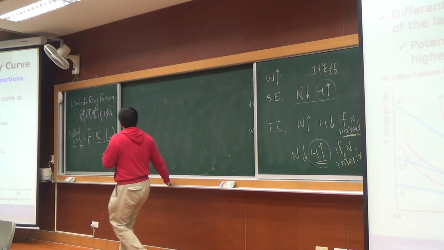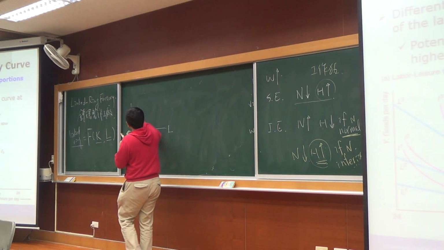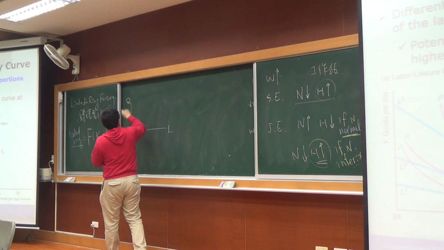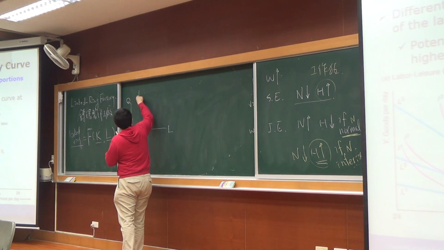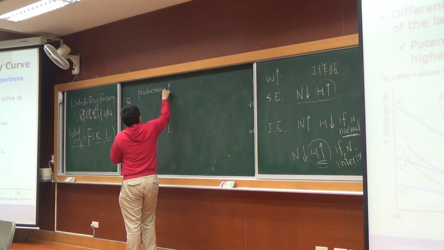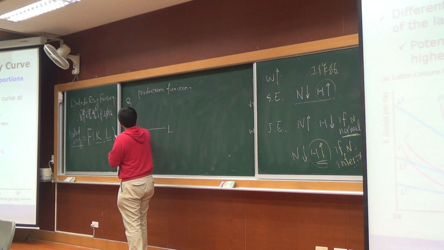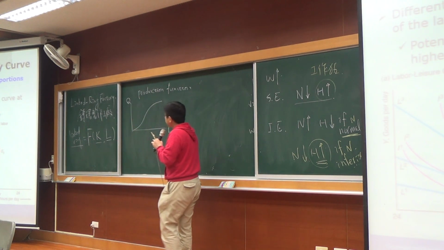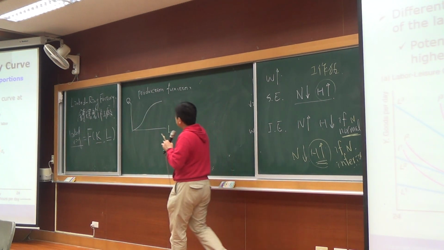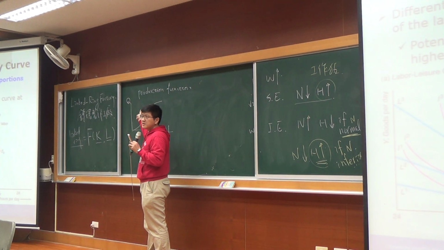And at that time, I made a production function here, if you remember. And the reason for this part is division of labor and specialization, right?